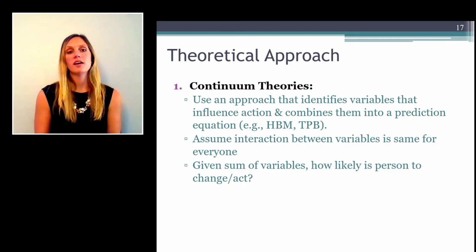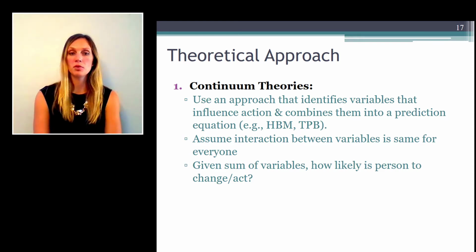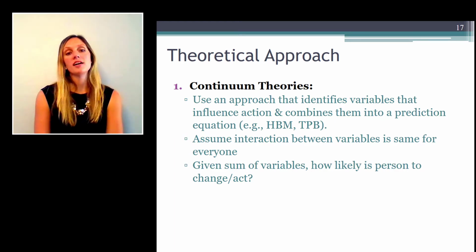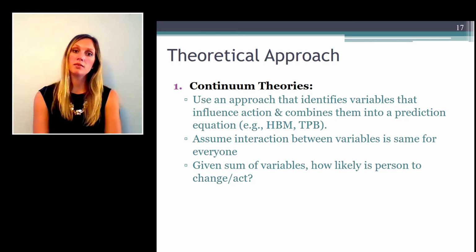Another way that theory can be classified is by the theoretical approach, and there are two different approaches. The first is the continuum approach. Theories that are classified as being continuum theories are those theories that read kind of like a mathematical equation. They are supposed to work the same way for everybody.